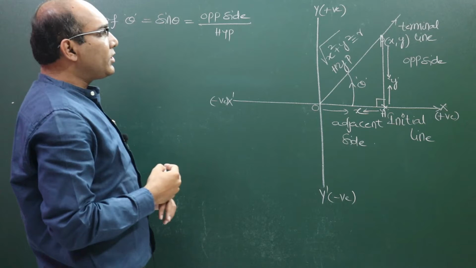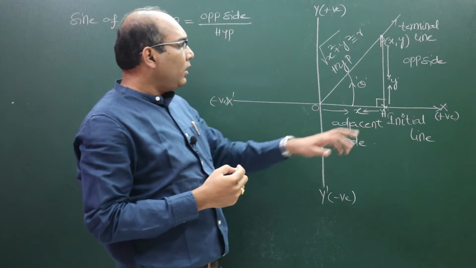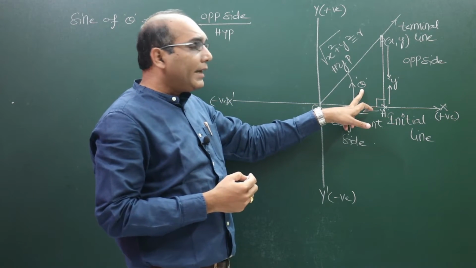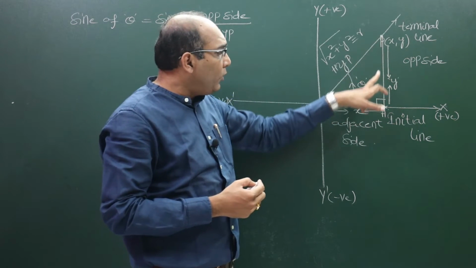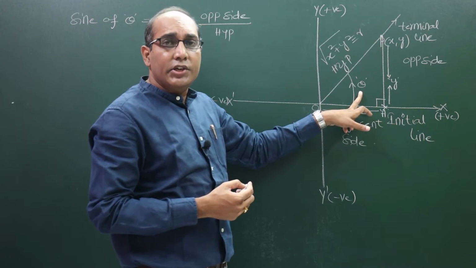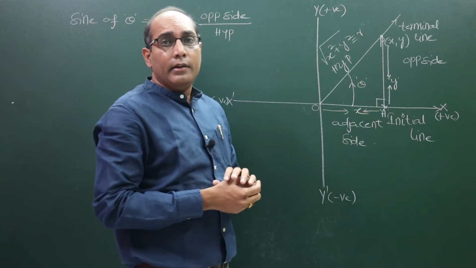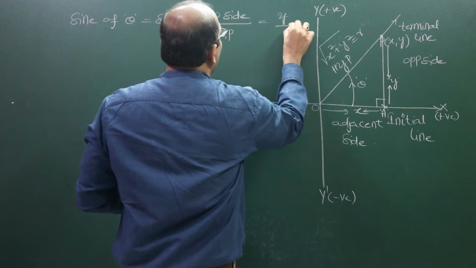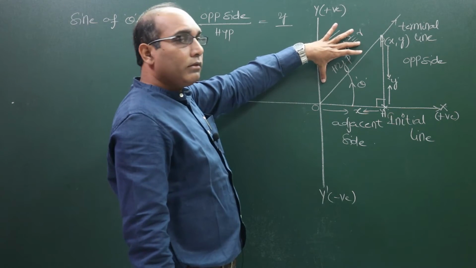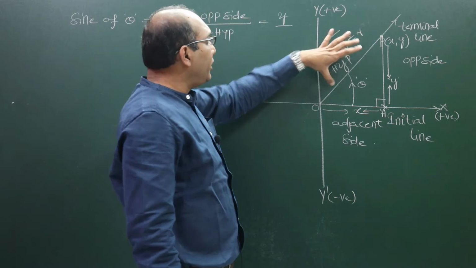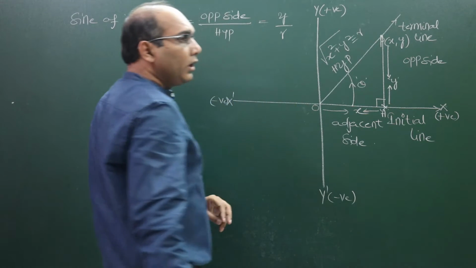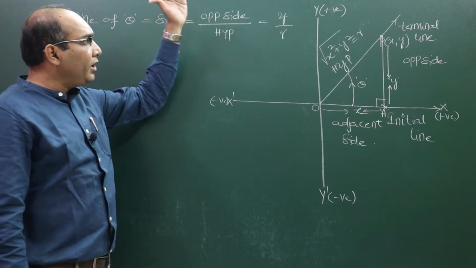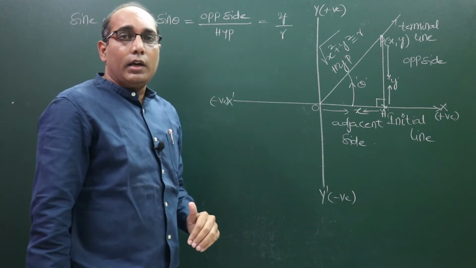What is opposite side over here? The opposite side is y. My reference angle is theta. The side which is opposite to my reference angle I treated as opposite side, that is y. So y by how much? The value of the length of the hypotenuse, that is r. Now sine theta is defined as opposite side by hypotenuse, that is y by r.